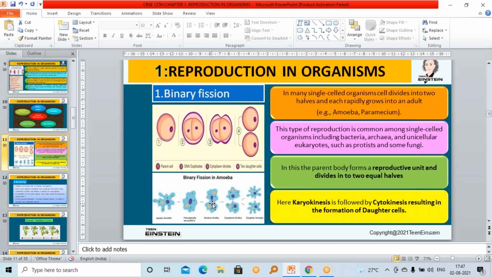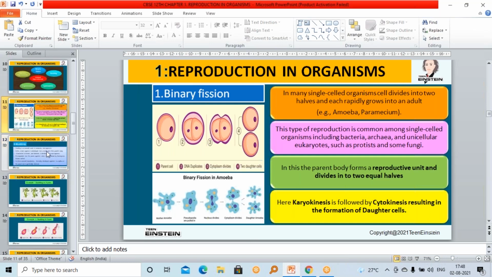Only through that division can it become two equal halves. That is called longitudinal binary fission. And the third one is transverse binary fission. Division takes place through the transverse axis. Only through that division will it become two equal halves and form the daughter cells.